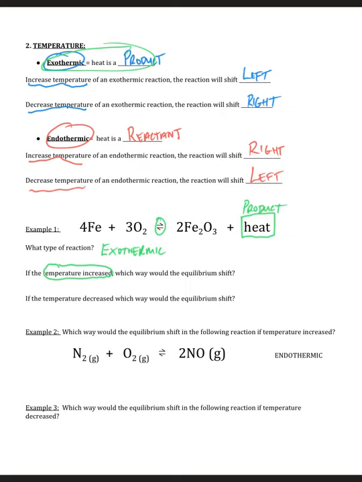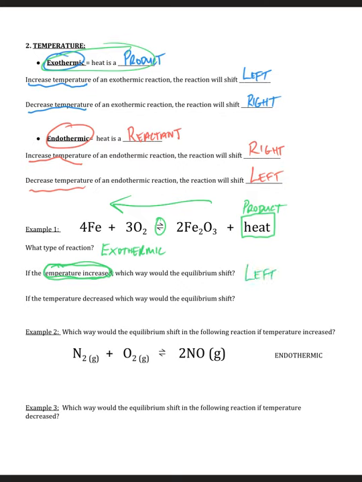Reactions are the same way. If you increase the temperature of some reaction, it's going to shift away from that heat in order to bring that temperature back down and get the reaction back to equilibrium. So this would be to the left.